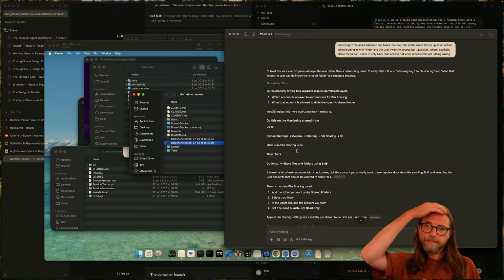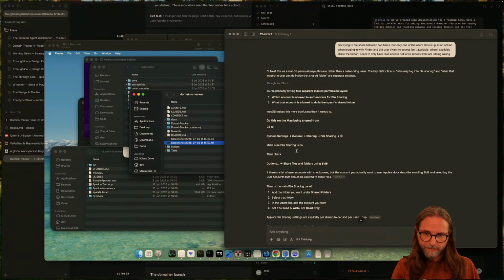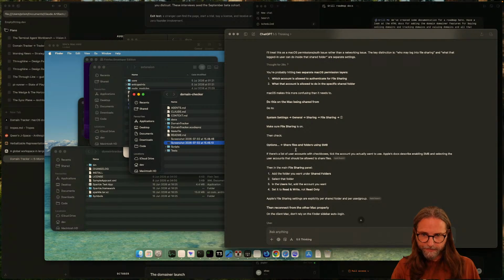Right, where are we? Share files and folders using SMB. Then the main, yeah, that's done.